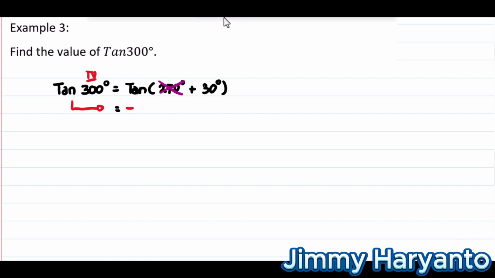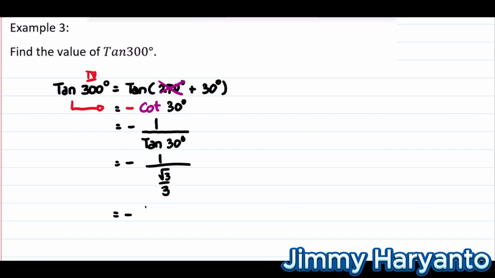And tan will become cotangent, and 270 is erased. That means negative cotangent 30, because cotangent is the inverse of tangent. That means 1 over tangent 30, and 1 over tangent 30 is square root of 3 over 3, and then you can do the flip, 3 over square root of 3. We cannot leave it like that, you have to rationalize it like this, so you will have negative square root of 3 as the answer.